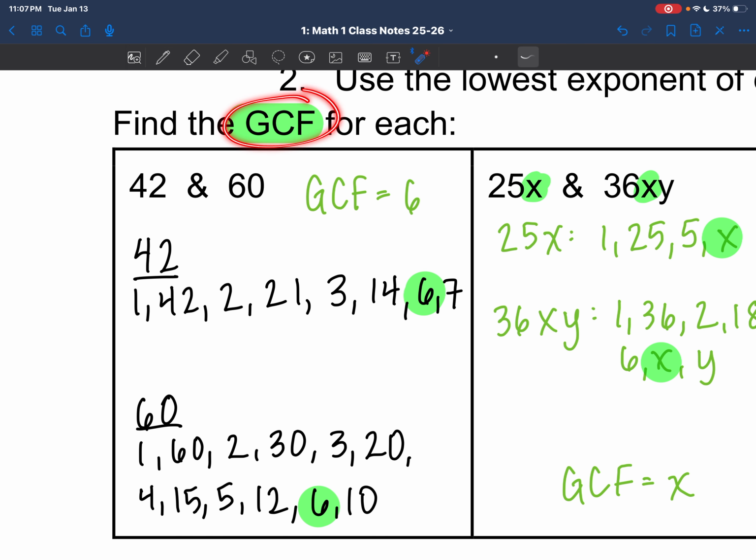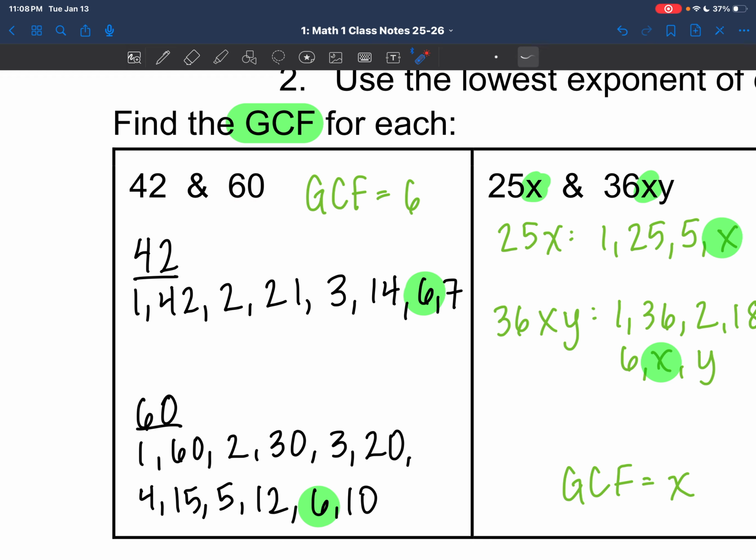So we're going to find the greatest common factor of each. We're looking at the numbers 42 and 60. One way to do this is to list all the factors of 42. 1 times 42 is 42, 2 times 21, 3 times 14, and 6 times 7. Those are all the factors of 42.